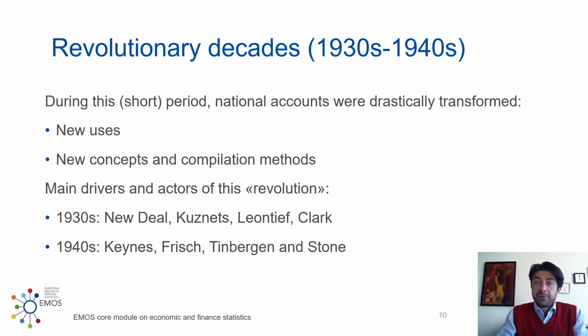A further crucial contribution to the development of national accounts came from the publication of Keynes' general theory in 1936. As you know, the general theory presented a conceptual framework that looked at the economy not only from an income and production perspectives, but also from an expenditure perspective, describing how the resources are spent or saved.